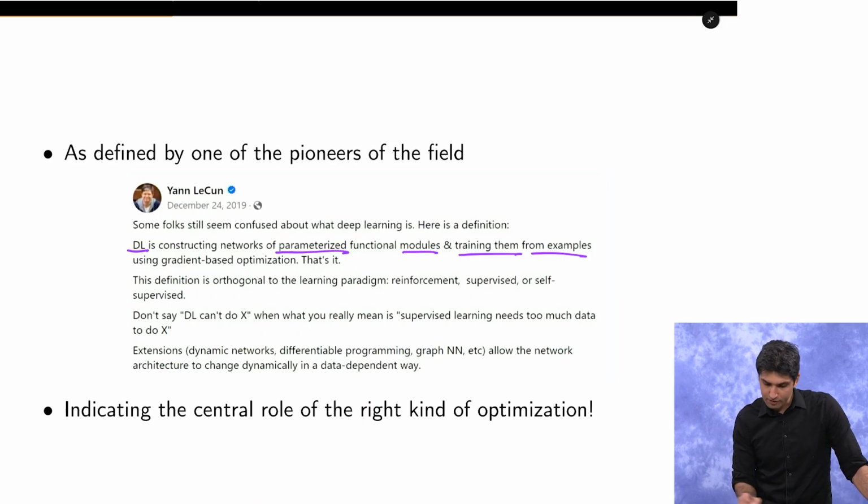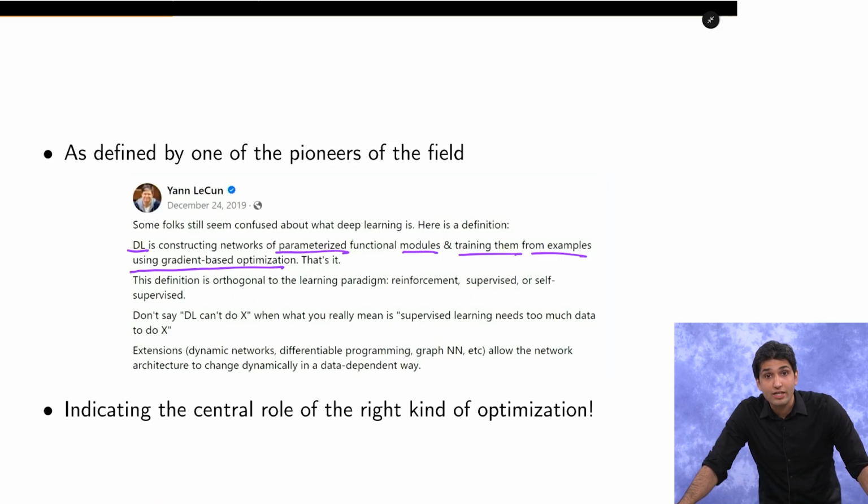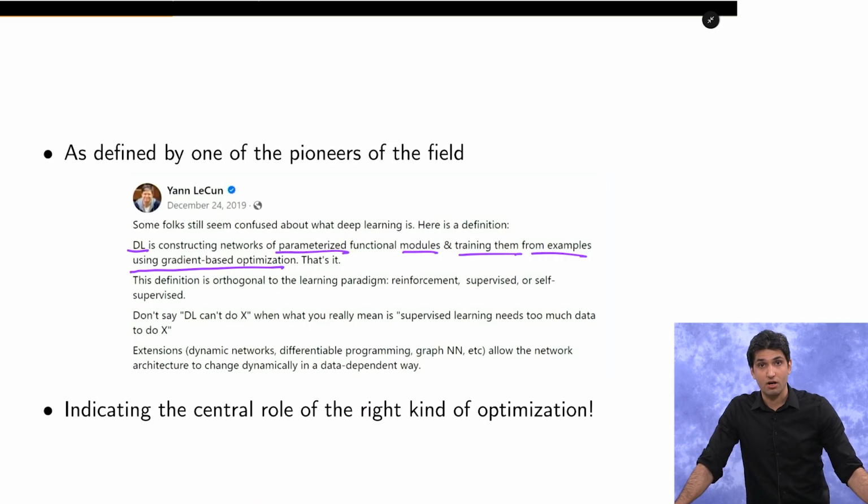Okay. Now here's the interesting part that I'm going to leverage as motivation for this course. Using gradient-based optimization. Okay, so therefore, the choice of the training algorithm is also essential when defining deep learning. Okay, and this shows the crucial role of optimization, or if you will, the right kind of optimization in making sure deep learning models work, and also in trying to understand why and how these models work.